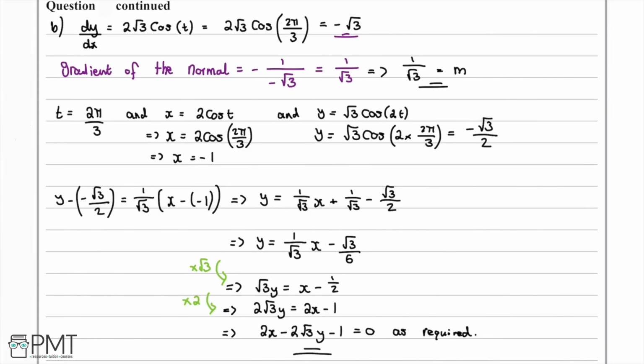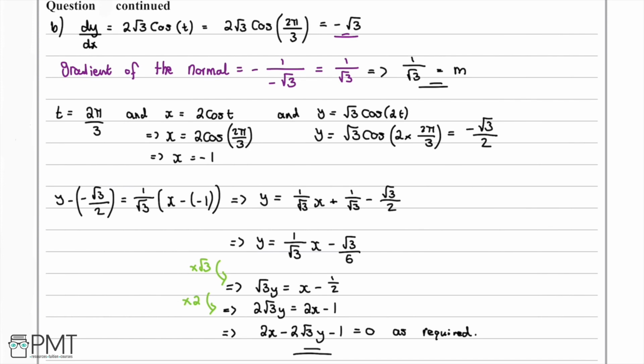So for part B of this question, we receive our first mark for substituting t is equal to 2 pi over 3 into our equation of the gradient from part A to get negative root 3. We then receive our second mark for working out the gradient of the normal and knowing that it is going to be negative 1 over the gradient from the previous part here.